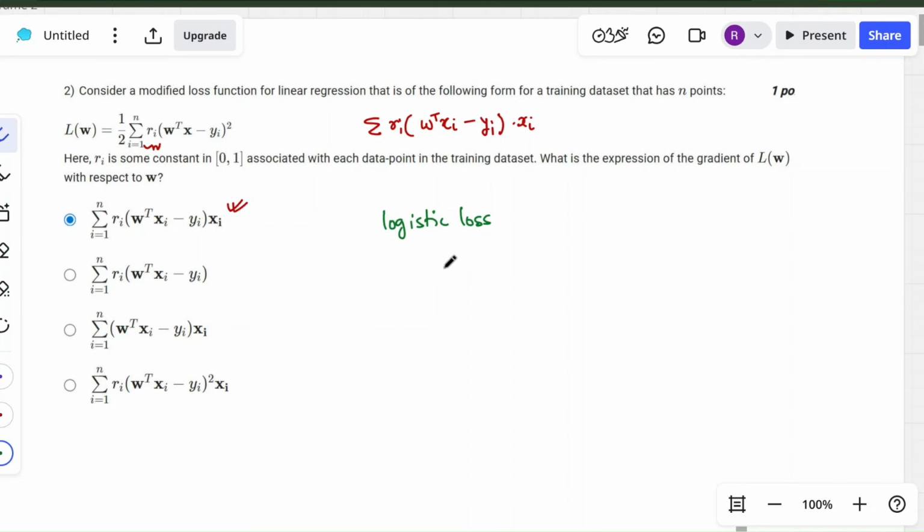So the logistic loss is given by L is equal to minus y log p hat minus (1 minus y) log (1 minus p hat), ignoring the summation part. And what is my p hat? P hat is equal to 1 by 1 plus e to the power minus w transpose x.